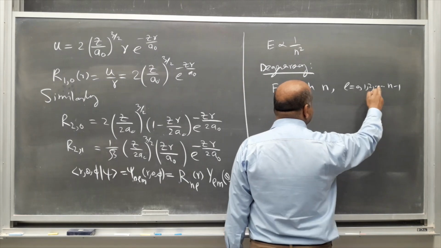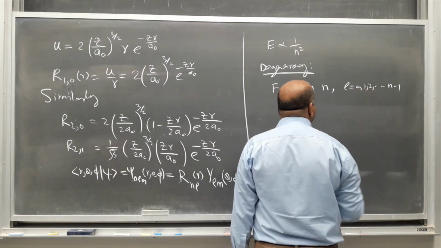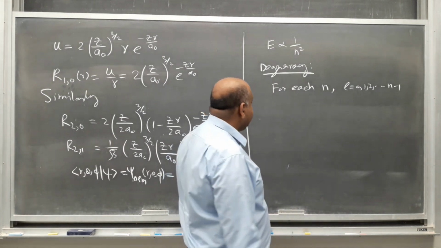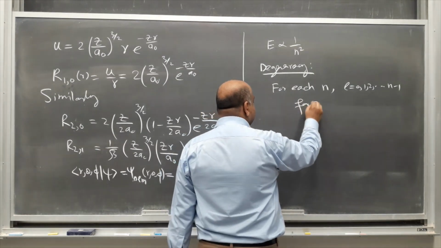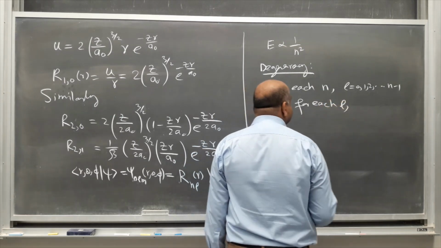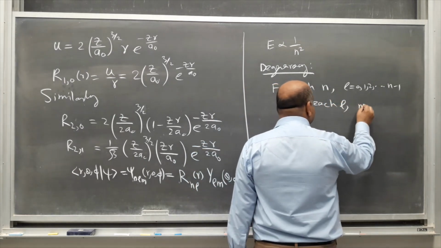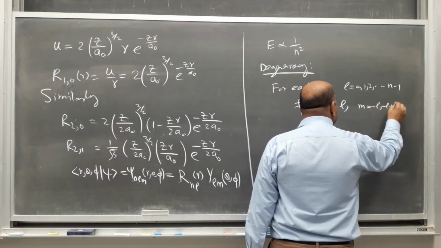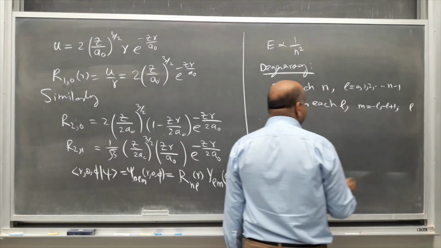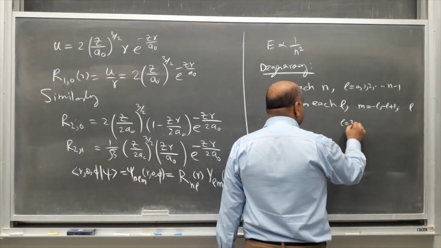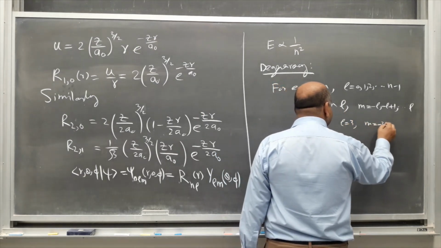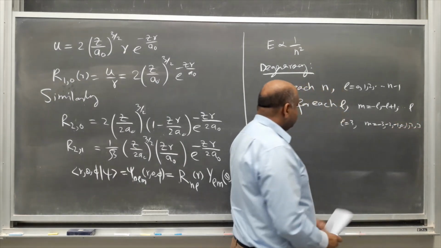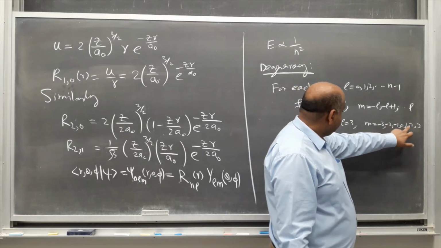If n is 4, this goes until 3, so 1, 2, 3, 4 values. So for each n, there are n values of L, but for each L, there are 2L plus 1 values for M. For example, if L is equal to 3, M goes from minus 3, minus 2, minus 1, 0, 1, 2, 3. So these are 1, 2, 3, 4, 5, 6, 7.